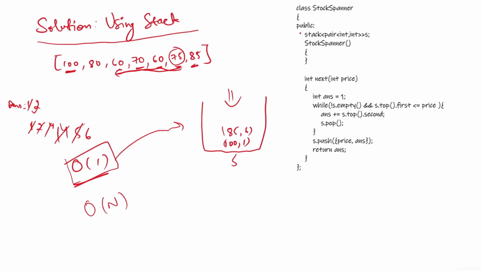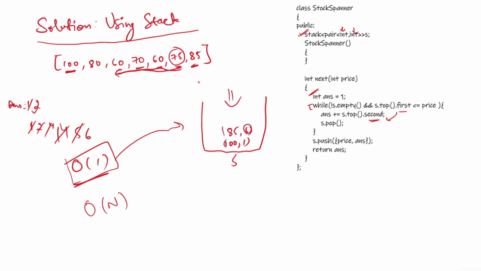Here we are using a stack of pairs. One is our price and the other is our answer for that price. First of all, we start from answer 1, and until our stack is empty and our first element is less than or equal to the price, we pop it and add the second element, which is its answer.